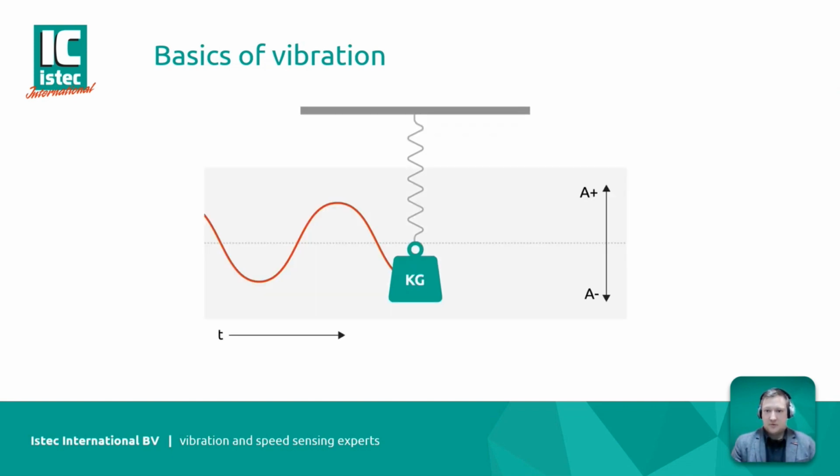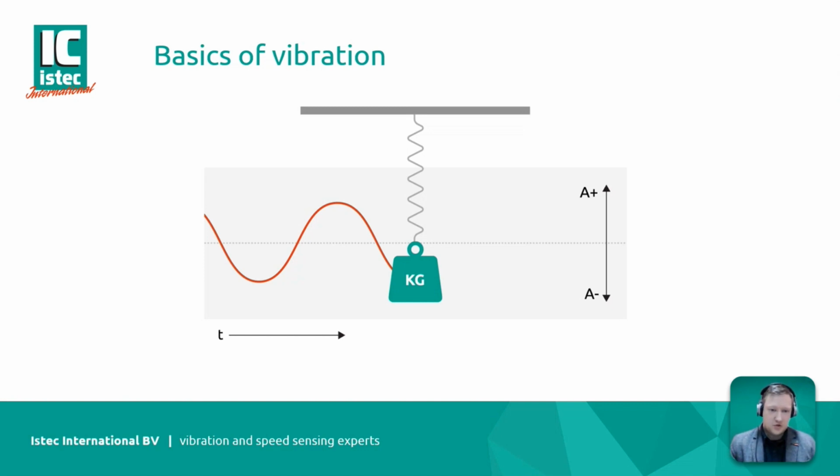If we then plot this motion in time, we will see a sine wave with a top and a bottom. The distance between the point of rest and the point of release determines the amplitude of the wave motion. So the further we pull it down, the higher the amplitude will get. And assuming that there is no damping, this motion will repeat itself endlessly.